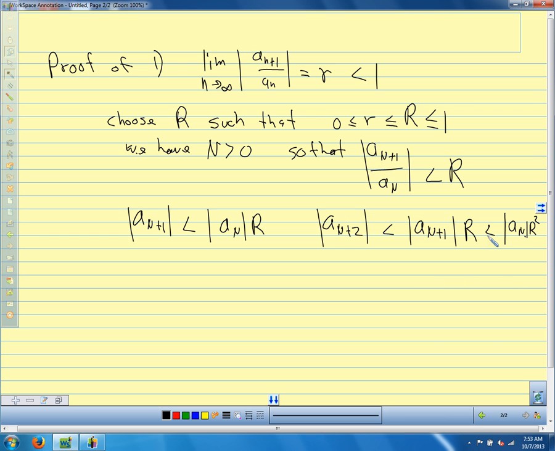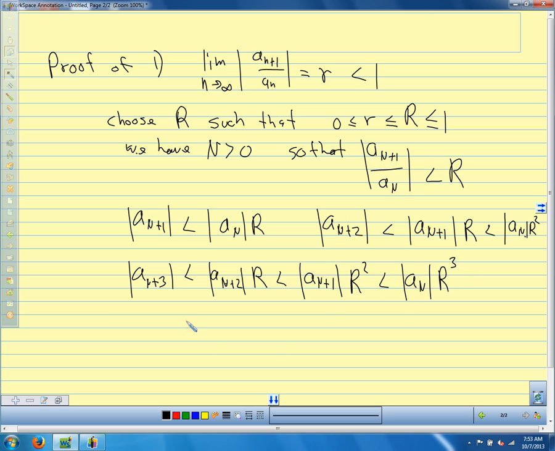And I can keep doing this process. The next term, because this limit exists, we can say that a sub n plus 3 is less than a sub n plus 2 r, which is less than a sub n plus 1 r squared, which is less than a sub n r cubed.